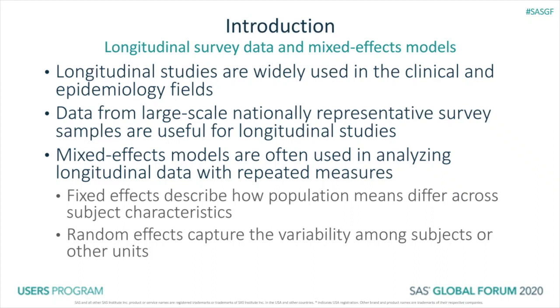In the analysis of survey data using mixed effects models, one can have two main components. One component is the fixed effects part, which describes how the population means differ across subject characteristics. The second component is the random effects, which capture the variability among subjects or other units.